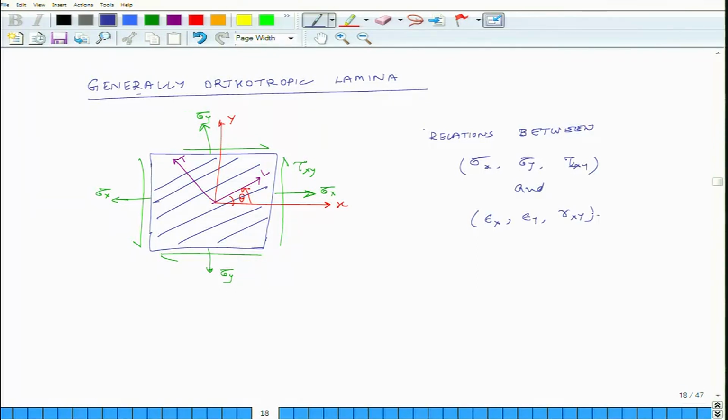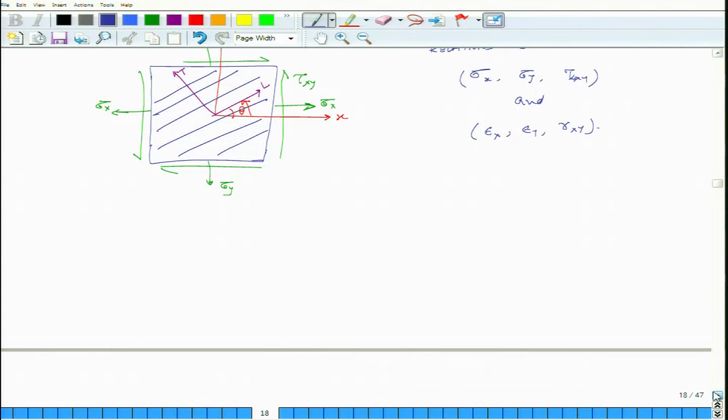This is what we will develop. So, again we will have 4 different cases. Case 1, in the first case we have only sigma x. So, sigma x is not equal to 0, sigma y and tau xy are 0.